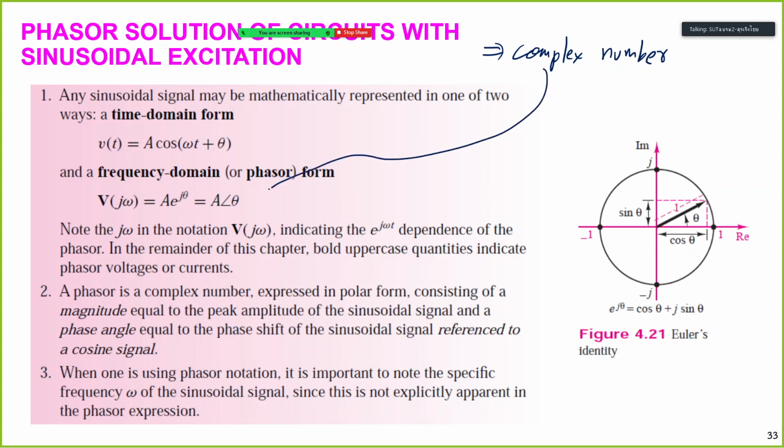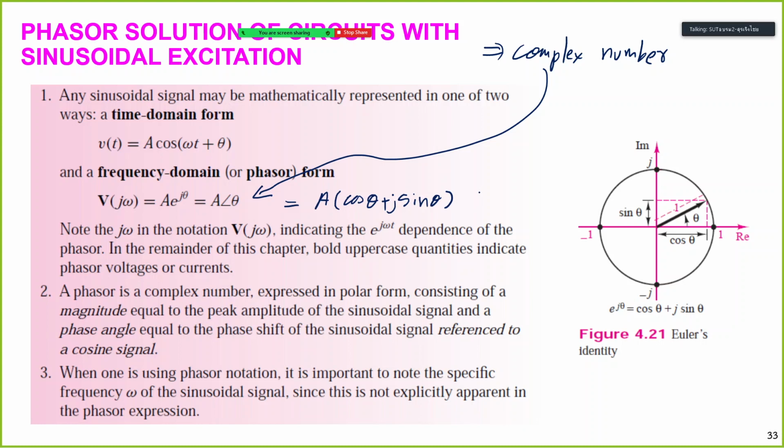This is what we call polar form, or we can use the complex form. For example, A with the angle theta, we can write down the voltage in phasor form or polar form, or as A cos theta plus j A sin theta.